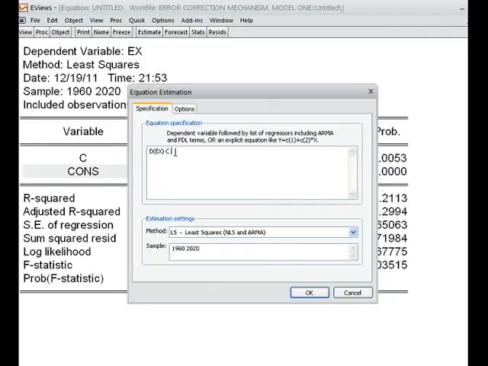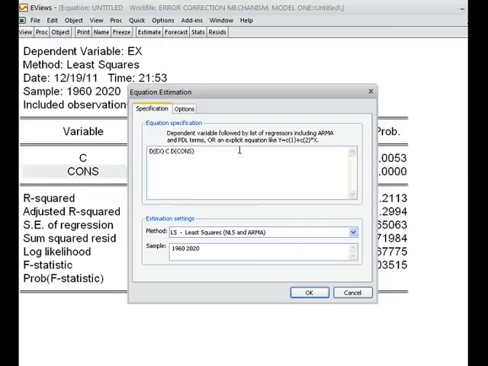Then I put our next variable, which is cons. What is cons? Cons is the independent variable. And what is dcons? dcons is the first difference of the cons variable, meaning that cons has become stationary after first difference.